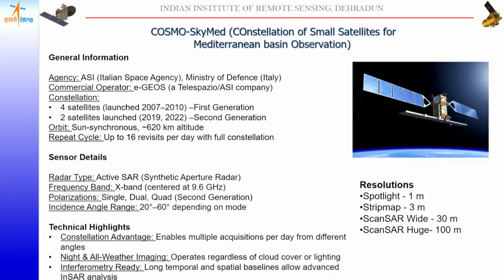It has a 16 day revisit, meaning after 16 days we get one scene, and it has polarization capabilities of single and dual for the first generation satellites, and quad for the second generation satellites. Quad polarimetry means it has full polarimetry, and the incidence angle or look angle has the option of 20 degrees to 60 degrees.